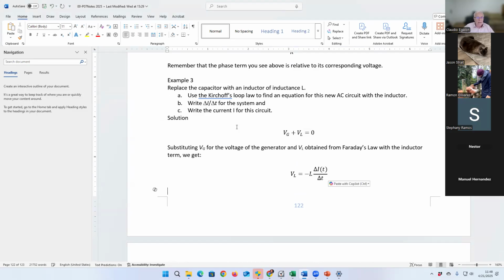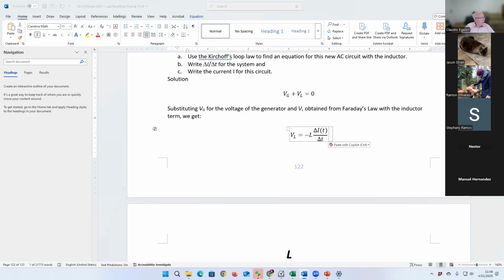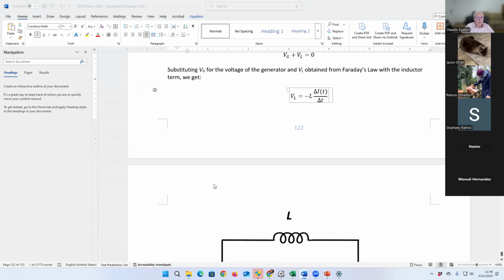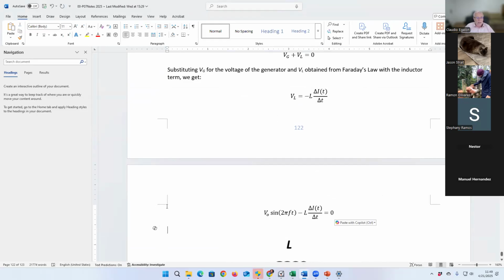It's minus L delta I over delta T. And when we substitute for both voltages in the equation, here you go, we get something like that. It's 11:49, let's go one more step and then we worry about our break. Here you go.